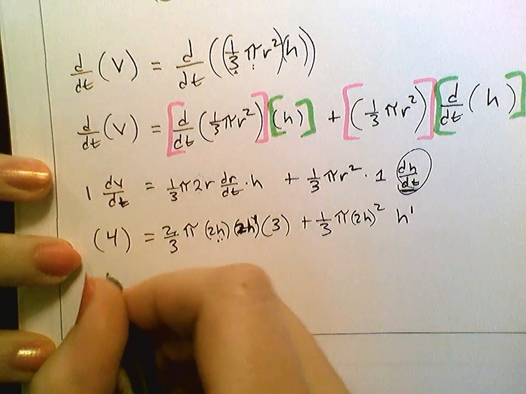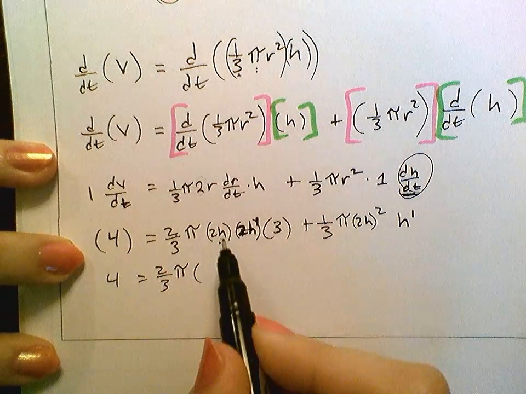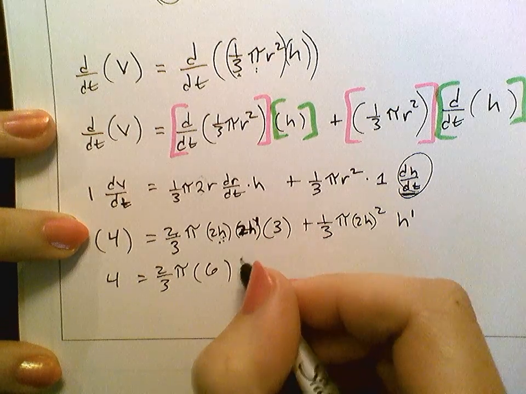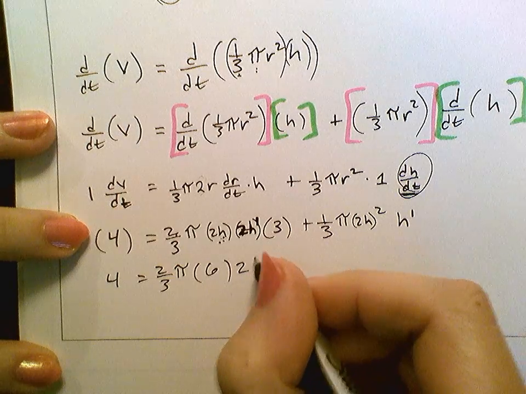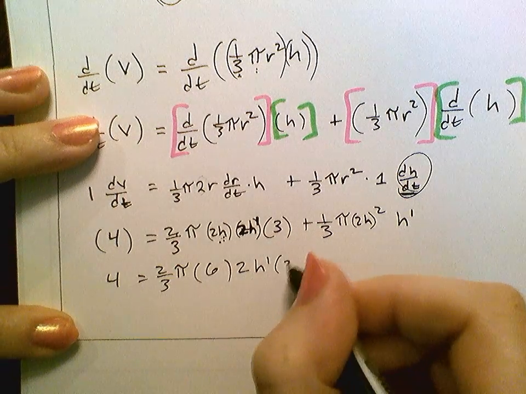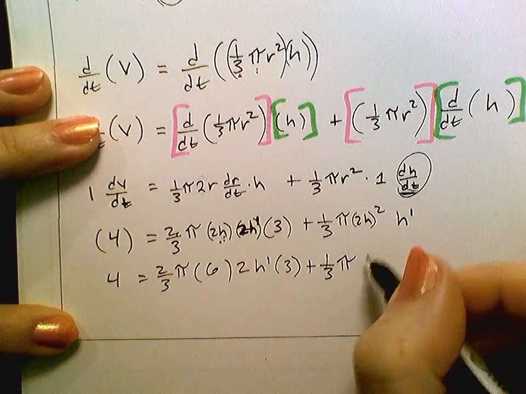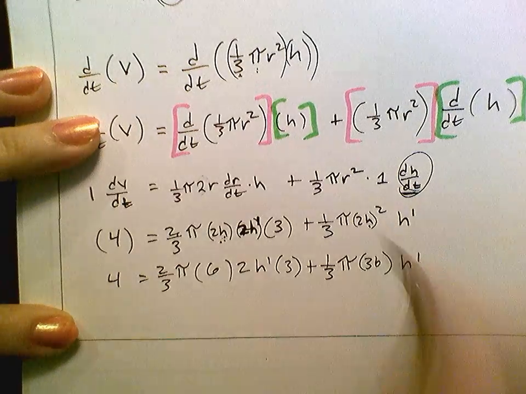So this is 4 equals 2/3 pi, h is 3, so that's 6, times 2, and then h prime, plus 1/3 pi, that's going to be 36, because h is 3.